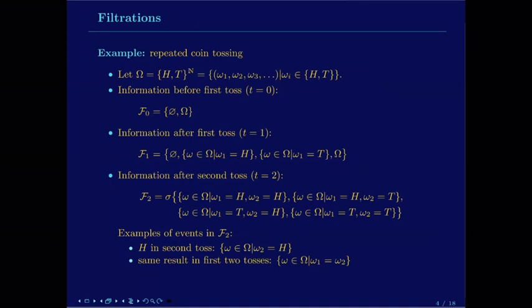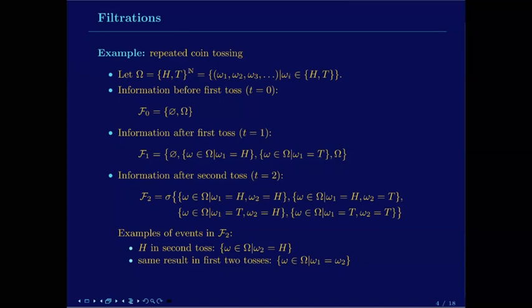And that can be described by the trivial sigma algebra, so the empty set and the sample space. Then after the first toss, we know whether we have observed head or tail in the first toss. So the sigma algebra at that point in time consists of 4 events, namely the empty set, the full set consisting of the sample space, and then the 2 events consisting of all sequences that start either with head or with tail.